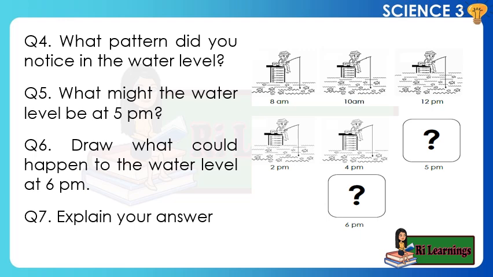Q4. What pattern did you notice in the water level? Q5. What might the water level be at 5 p.m.? Q6. Draw what could happen to the water level at 6 p.m. Q7. Explain your answer.